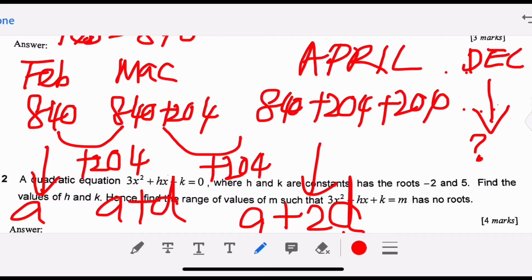So until December, what is the n? You just substitute into the Tn formula, substitute your A and your D, and you will get the answer for T until December.